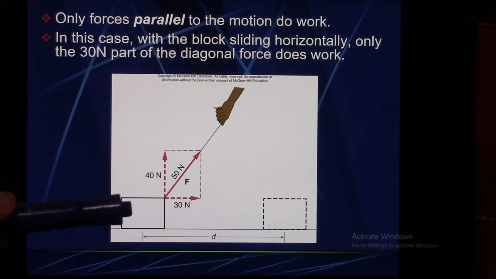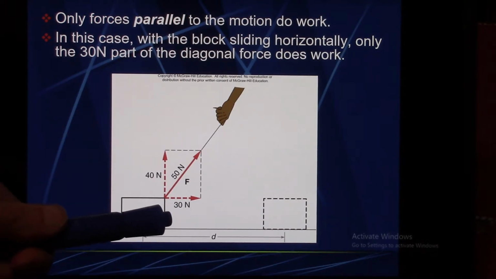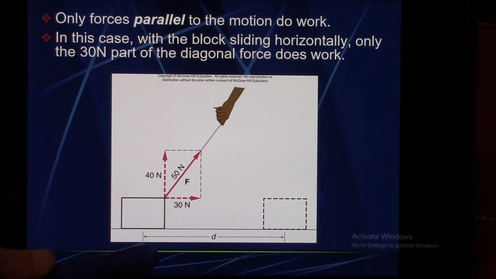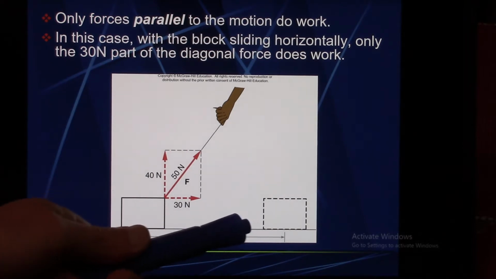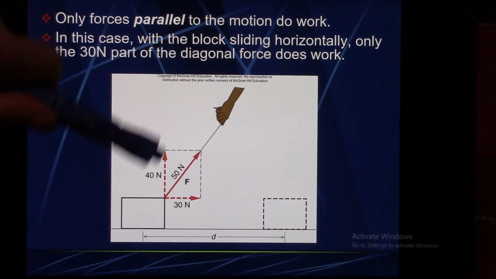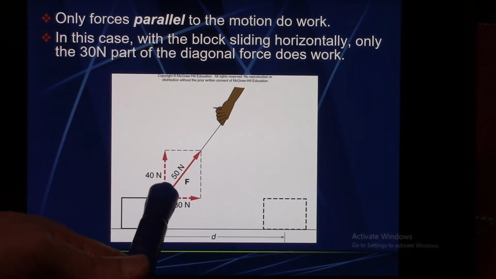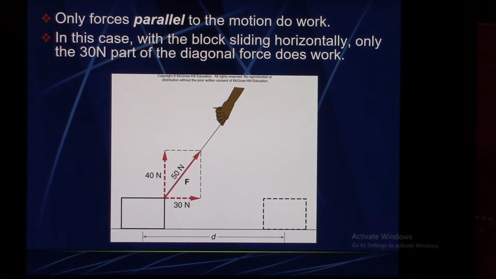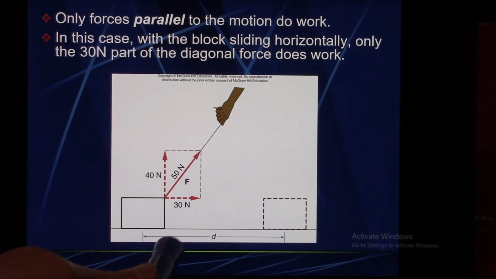Okay, the only part that's doing work is the part that's moving the block. So you've moved it this distance with 30 newtons. Although you've applied 50 newtons, we don't count this part. So you're like, what? You're not counting all that force I did? Nope. We only care about the result. So work, right? It's sort of a new definition.